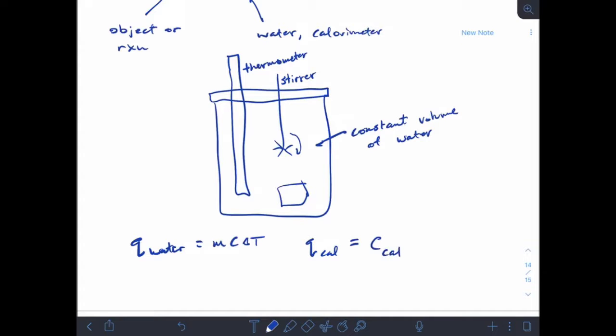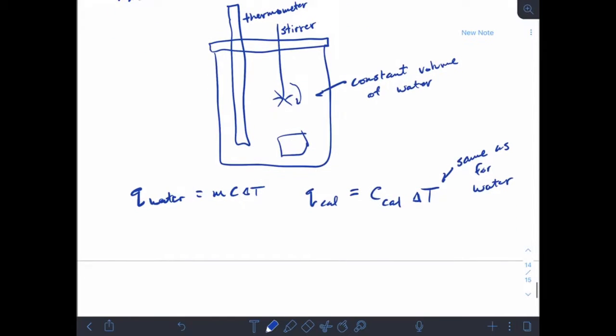So we'll just have a heat capacity for the entire calorimeter times delta T. And that delta T will be the same as for the water. This Ccal is determined separately, so that's not usually something that you'll have to figure out on your own. If you are asked to figure that one out, you'll be given enough information to do so.